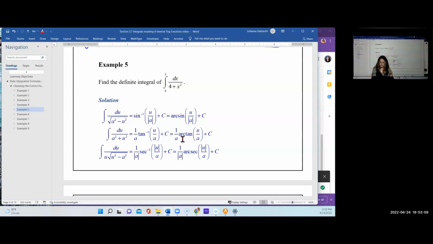And the reason is, even though it's not typically written, these represent x equals 0 and x equal 2. They match the variable in the differential. And in the formula, we're going to have a differential, no matter which formula, of du, which means that these limits of integration need to be u values.